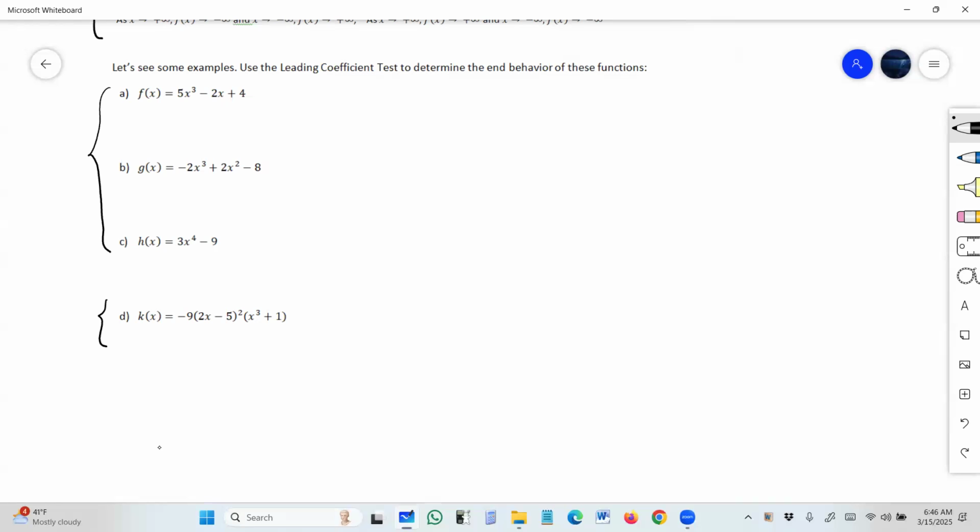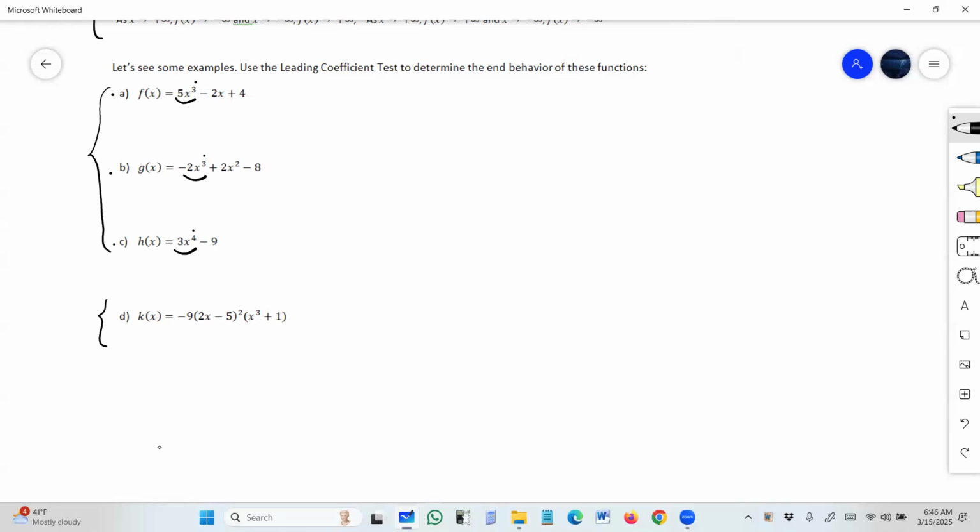When the polynomial is given in the form of A, B, or C, where each term is already in its individual form, all I have to do is identify the leading term. The leading term is the term with the highest exponent.